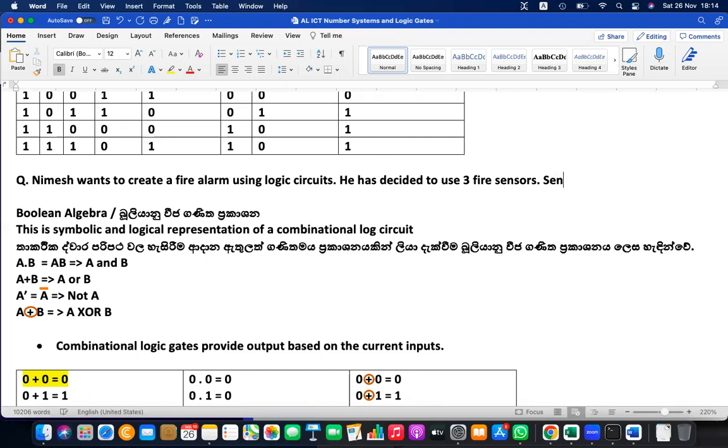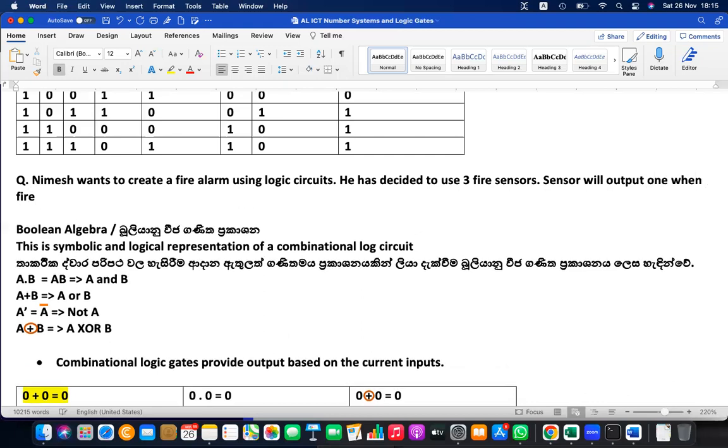The sensor will output 1 when fire is detected.